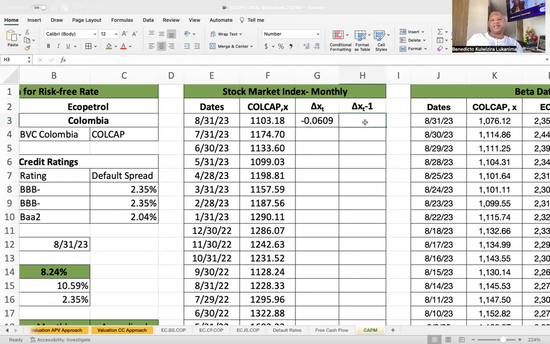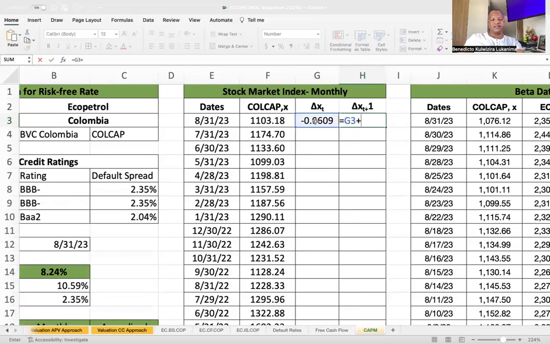If we want to calculate the geometric average, we have to add 1 to each one. A change plus 1. And this is because you cannot calculate the geometric average when you have negative values like this. So we add 1 to simply remove negativity.